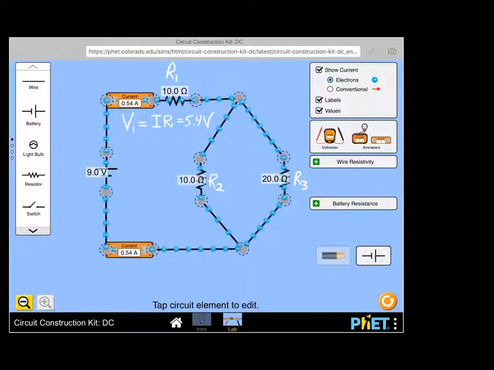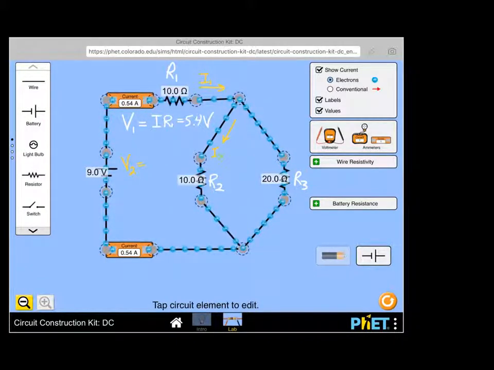And so V2 would be, well, here's the thing, we have current coming in here, so we can call this current 1.